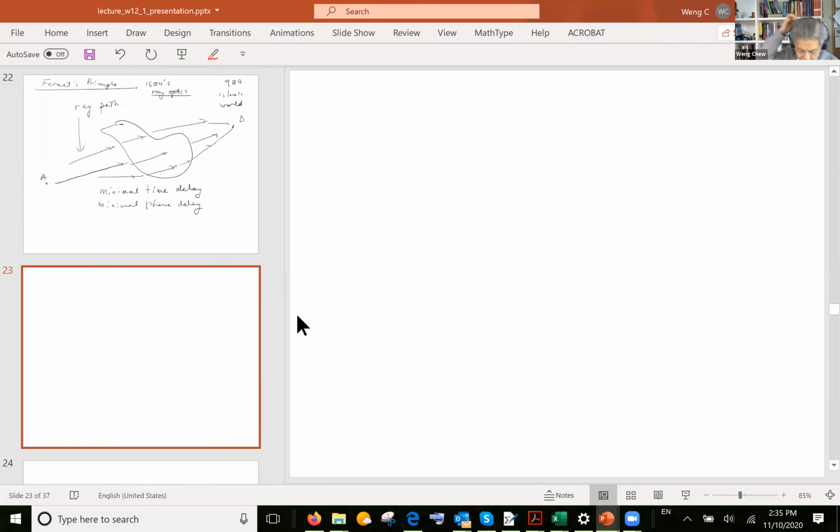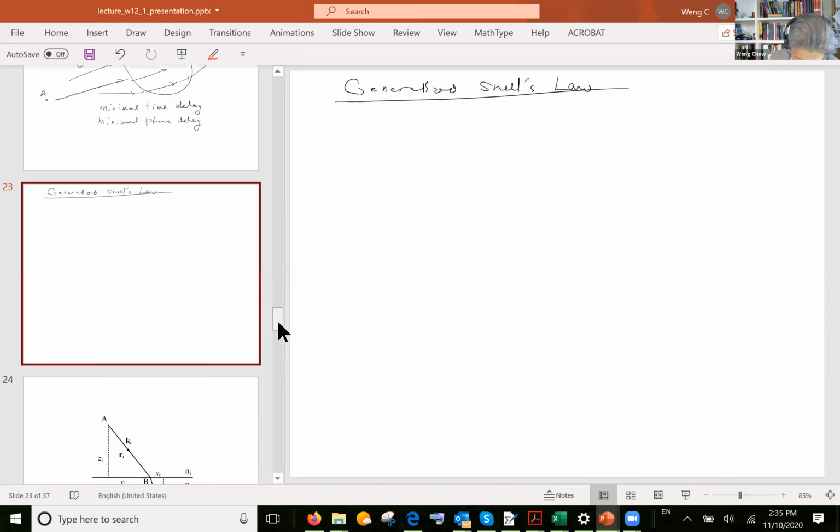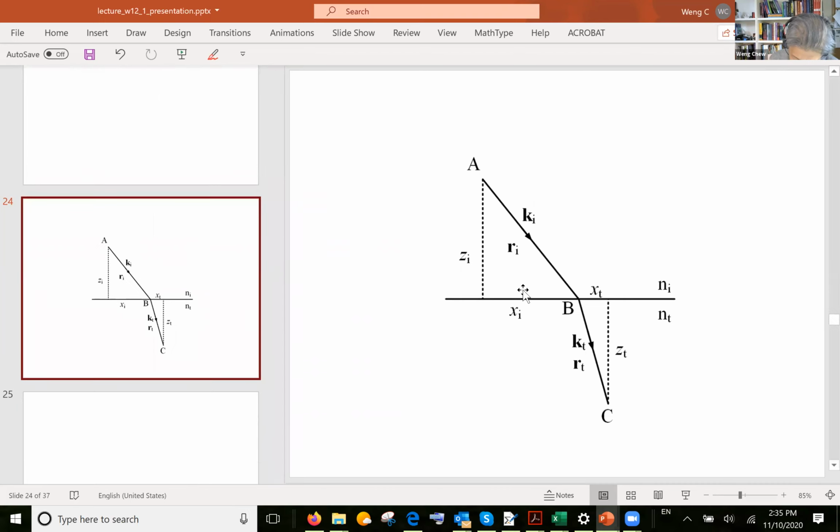Let's use Fermat's principle to derive what we call the generalized Snell's law. Actually, I have a picture here, so I might as well use that picture.